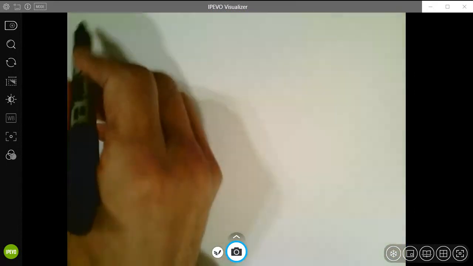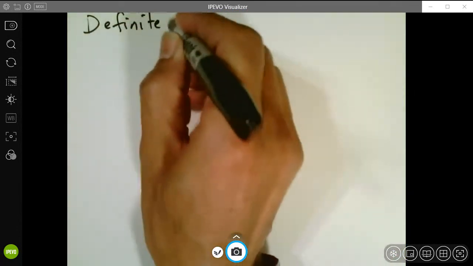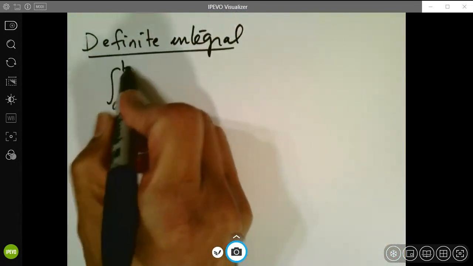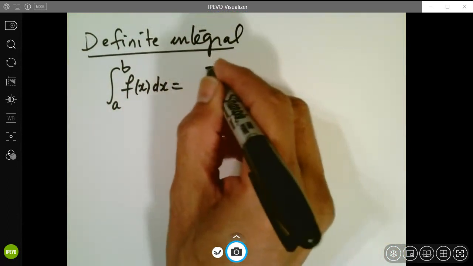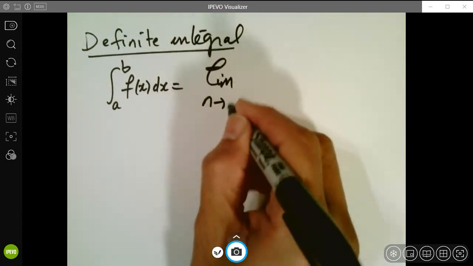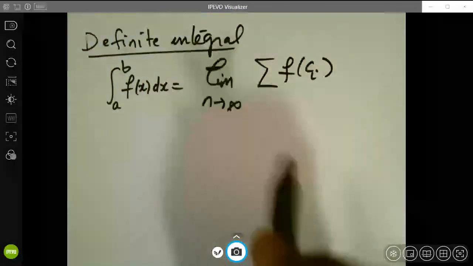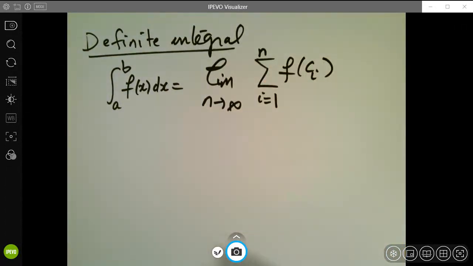Now, if you want to know what is the definite integral, this is exactly what I just said: integral from a to b of f of x dx will be the limit as n goes to infinity of the sum of f of ci, i from 1 to n. You take any sum, but you take n goes to infinity.